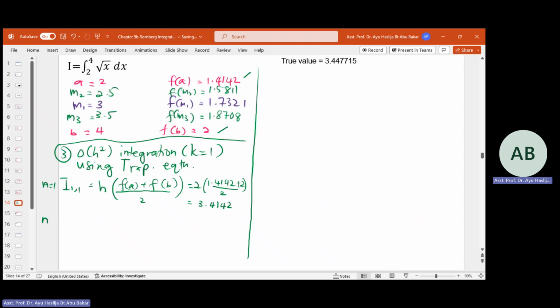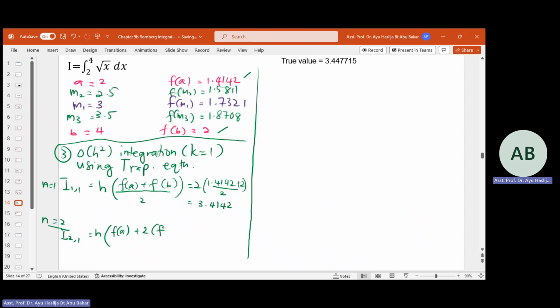Okay, next find for n equals 2, I21. Here it involves multiple application, where the equation would be h multiplied by f(a) plus 2. Now, here is the midpoint. Which data do you require?